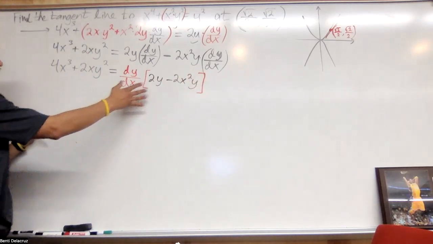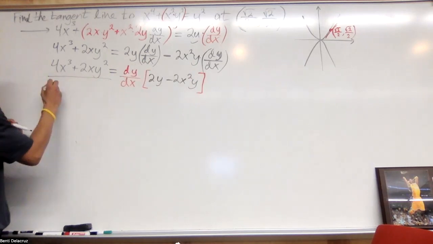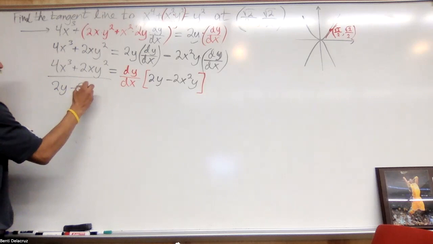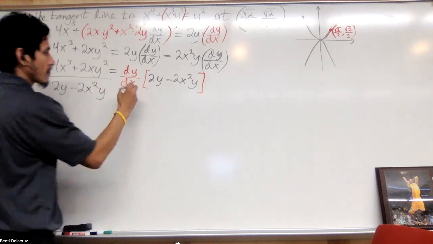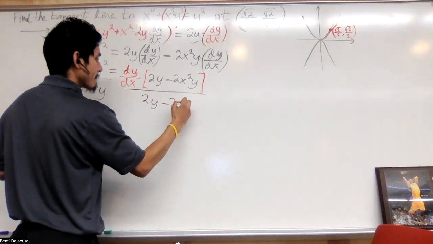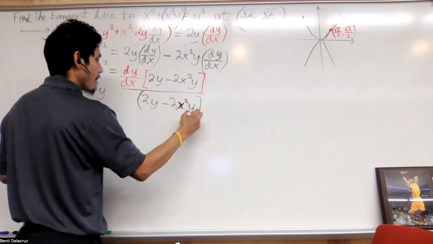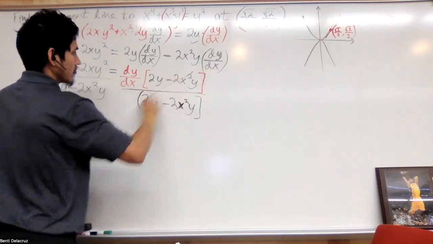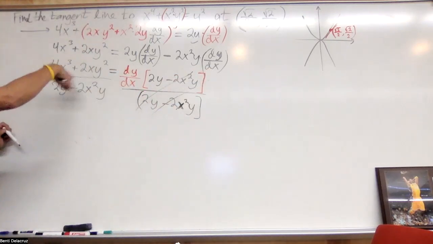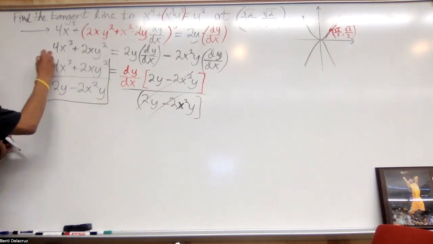And then we divide both sides by this group here, the 2y minus 2x squared y. So that whole thing goes away, and we just have dy/dx equal to this. So this is our equation for dy/dx right here.